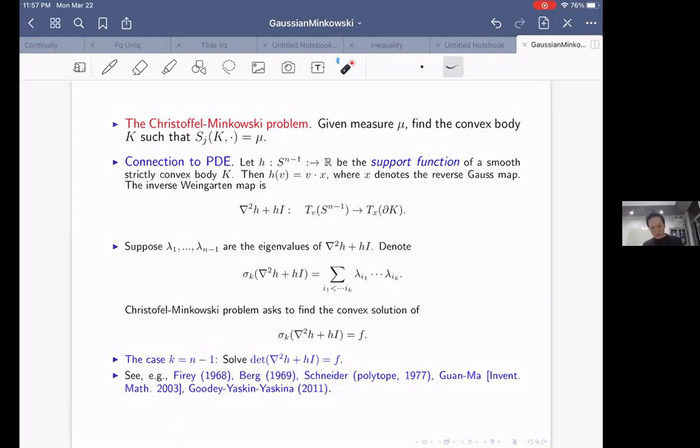In the general case, Guan and Ma studied this PDE under some regularity assumption. I mean, they supposed the given data to the power of 1 over k is convex or concave. Guan, Lin, and Ma have also studied the general Christoffel-Minkowski problem.